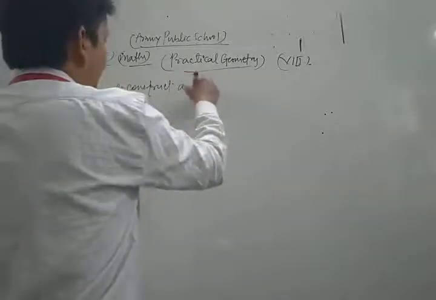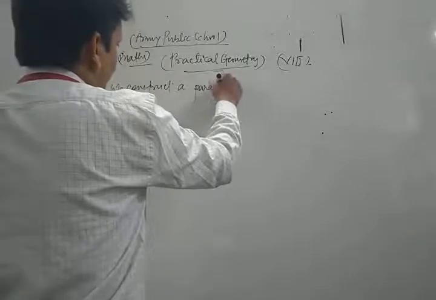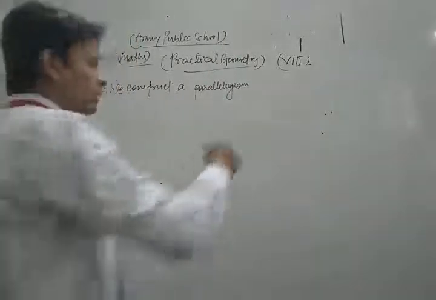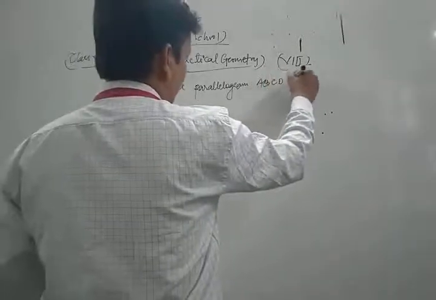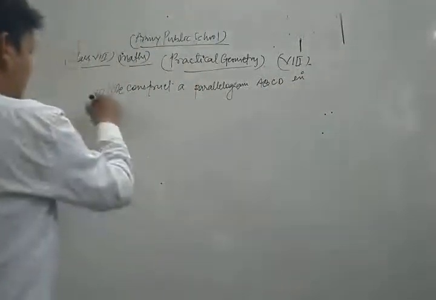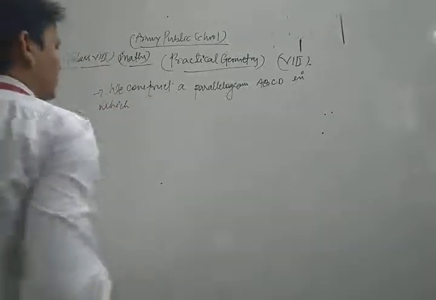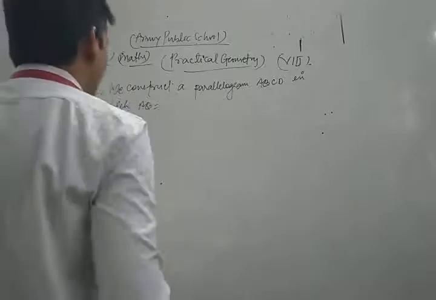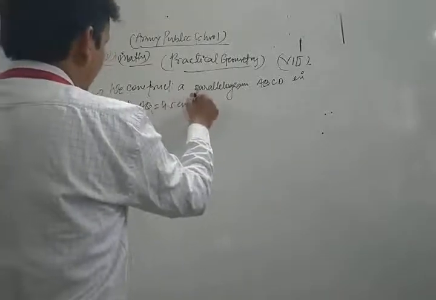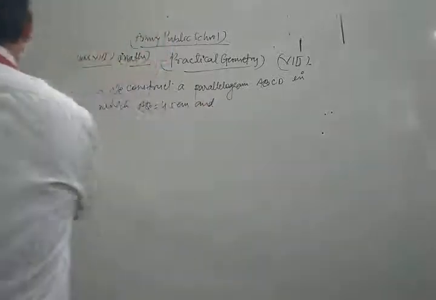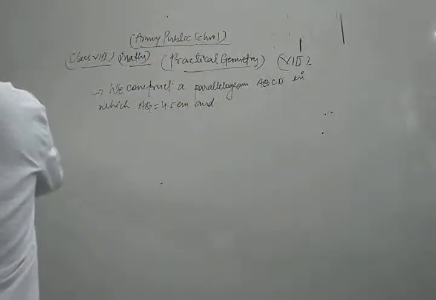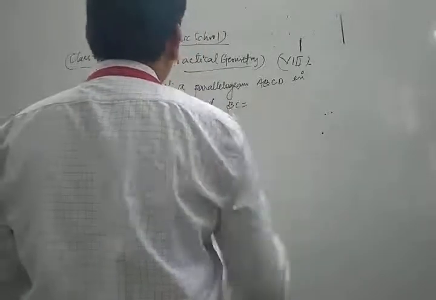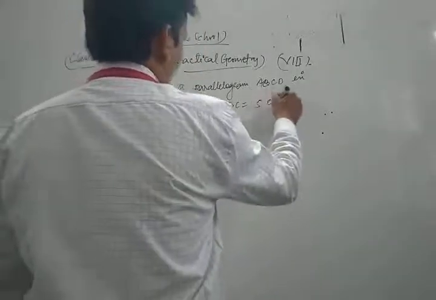a parallelogram ABCD in which AB is equal to 4.5 centimeter and BC is equal to 5 centimeter.